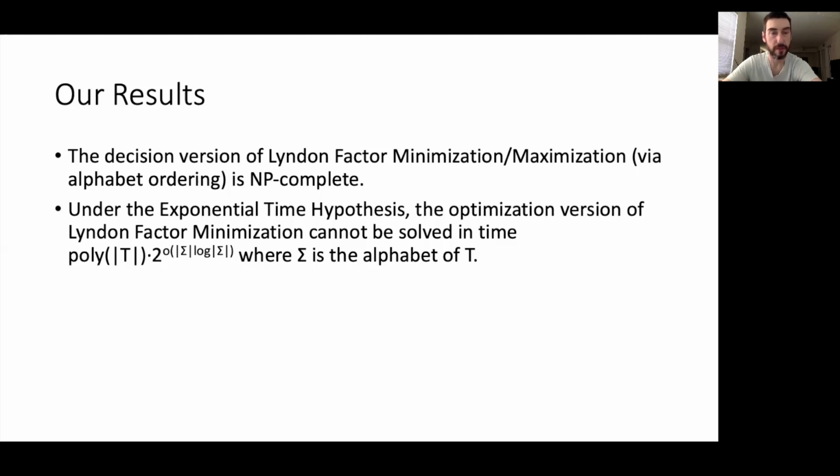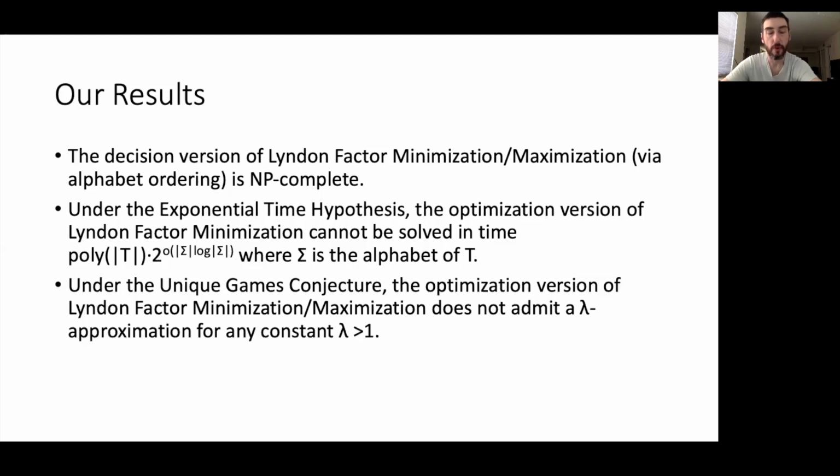Specifically, you can't solve it in time poly(t) times 2 to the little o of sigma log sigma. And under the unique games conjecture, you can't even obtain a constant approximation algorithm for it that runs in polynomial time. All these results are shown in our paper, and here we'll give an outline of how those results are arrived at.